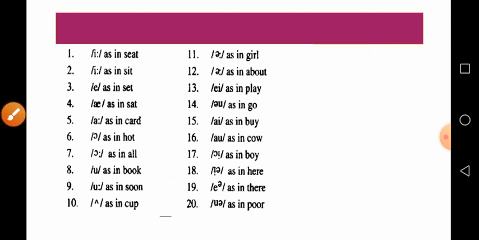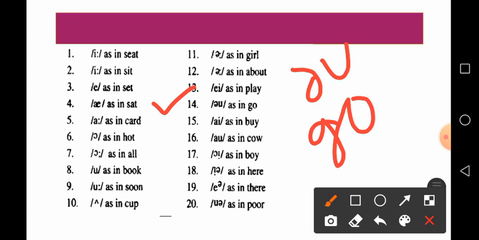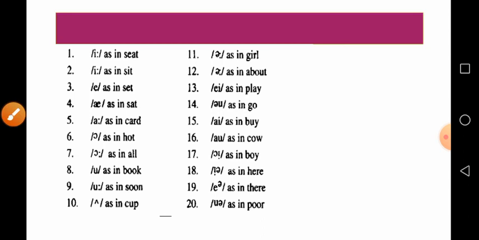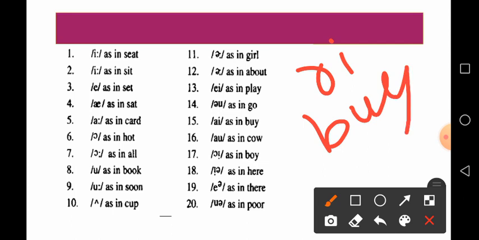Second, number 14, is pronounced au, as in words like go. Number 15 is pronounced ai, as in buy, b-u-y, buy.